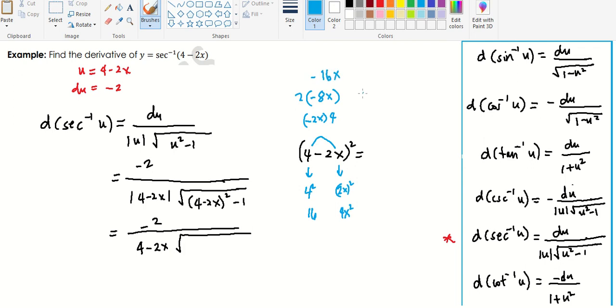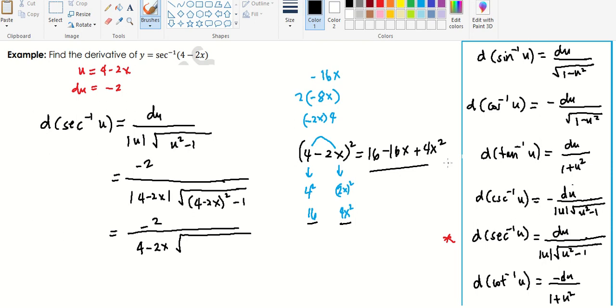Okay? So we will just write this one. We have here 16, and our middle term is negative 16x, then plus 4x squared. Okay? So this is our answer.